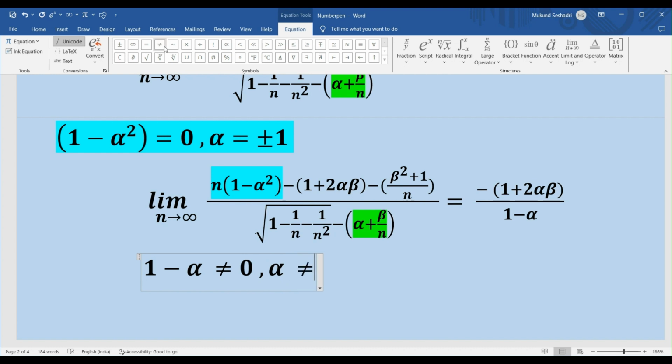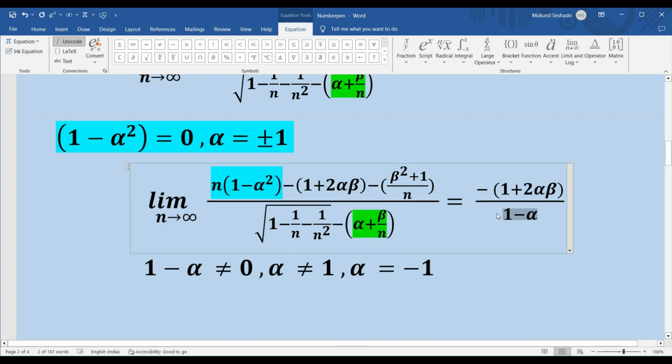So now I know the only value that alpha can take, which is minus 1. When alpha takes minus 1, my denominator becomes 1 minus alpha, which is 1 minus minus 1, which is a 2. Which means my numerator, minus (1 plus 2 alpha beta), has to be 0.